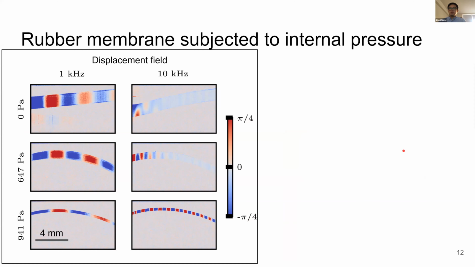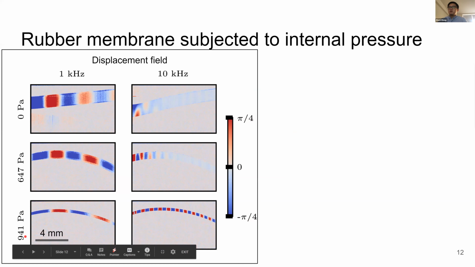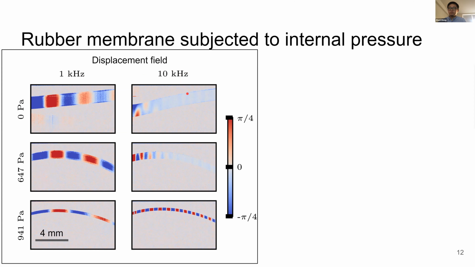The measurements here are the displacement fields at 3 different pressure levels: 0, 600, and 900. The actuation frequency is from 1 kilohertz to 10 kilohertz. The displacements here are in phase angles, which is related to the wavelength of the laser, so we can apply a simple relationship to get the real displacement.